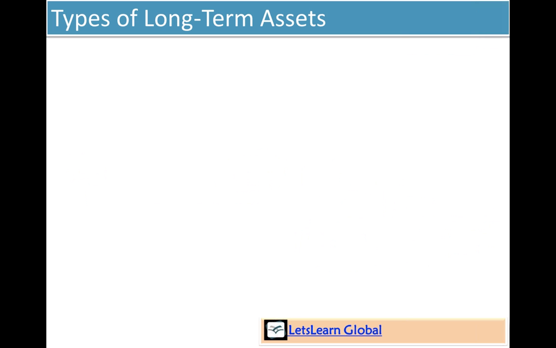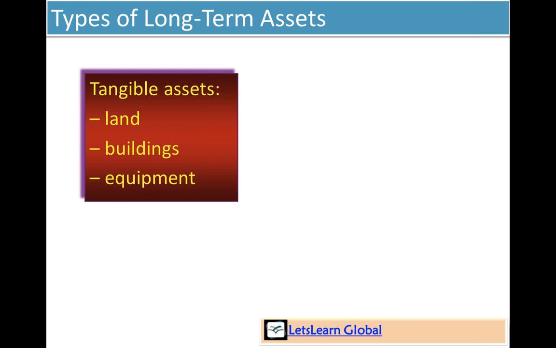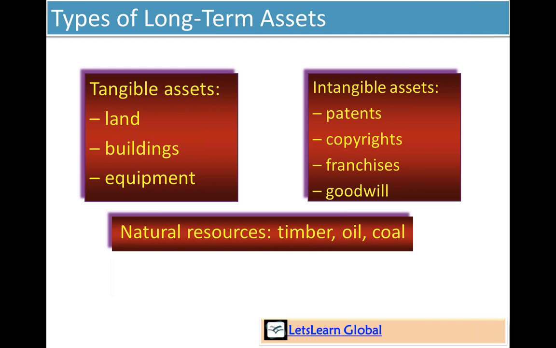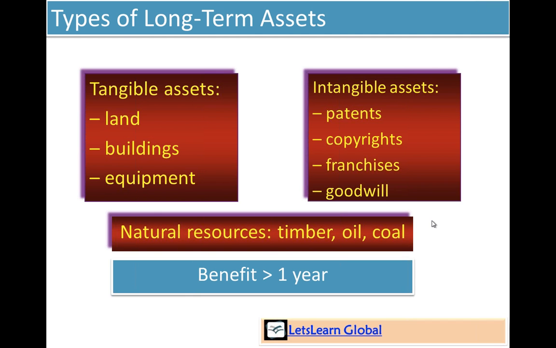Okay, so there are two types of long-term assets. One, tangible, as we discussed. Two, intangible. Tangible and intangible, both should have a life period of greater than 1 year. That is the thumb rule to term them as long-term assets.